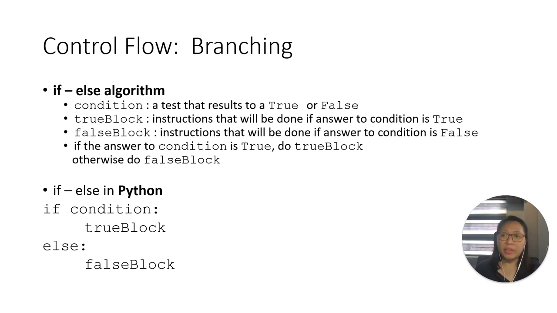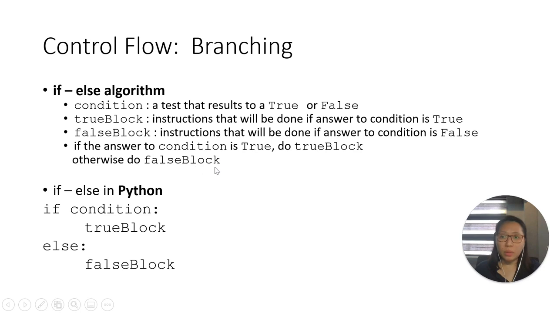And the algorithm for that is: if the answer to the condition, where condition is a test that results in true or false, and it may be a comparison operation or logical operation, is true, do the true block, or the block of code that has to be executed if the answer is true.